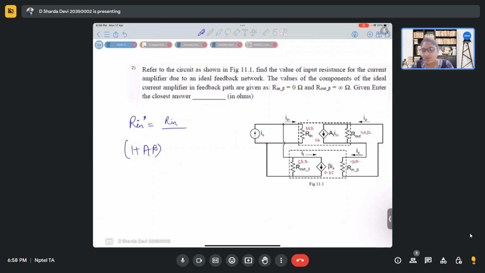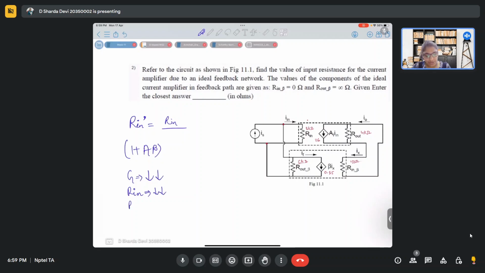So let's say Rn. What happened to gain first of all? When we have seen the gain actually reduced, right? So in case of Rn it will also reduce.